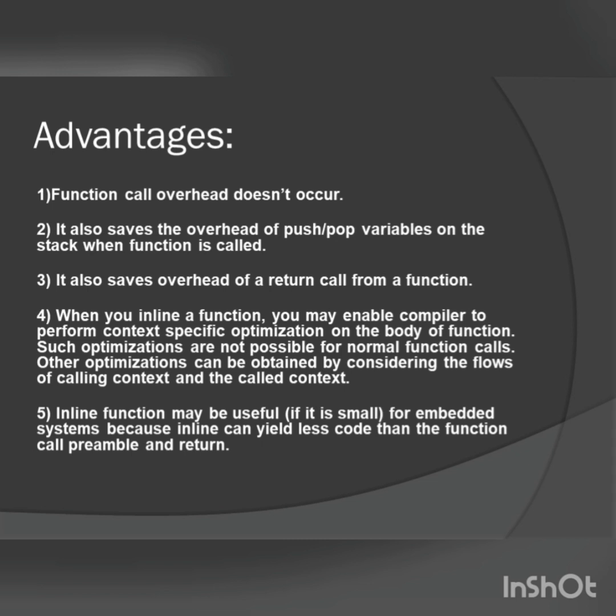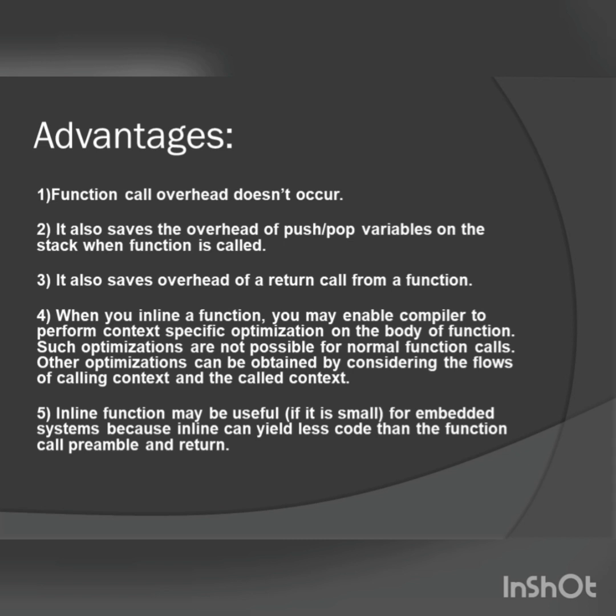Advantages of inline function. Function call overhead doesn't occur when inlining a function. It also saves the overhead of pushing and popping variables on the stack when a function is called. It also saves the overhead of a return call from a function.